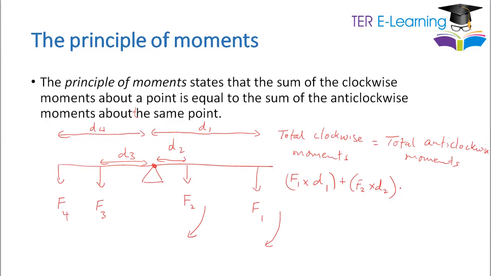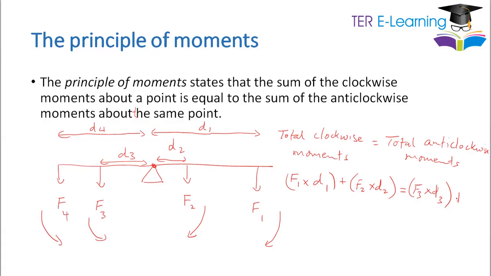Now let's look at F3 and F4. When we apply the force F3, we're going to rotate this way. So you're going to get an anti-clockwise moment. That anti-clockwise moment will be F3 multiplied by D3. Similarly, F4 will produce an anti-clockwise moment.